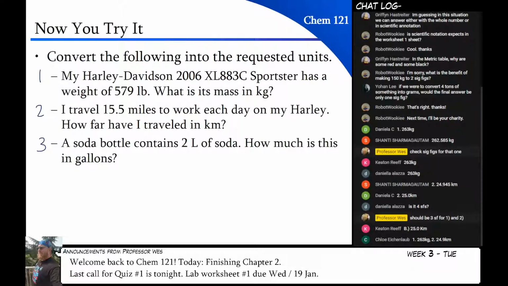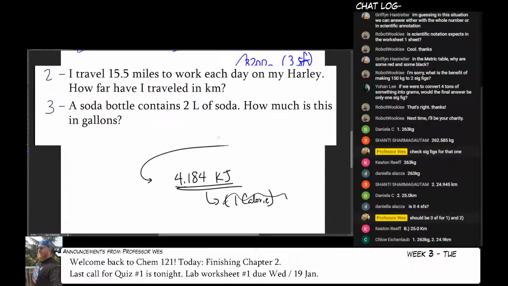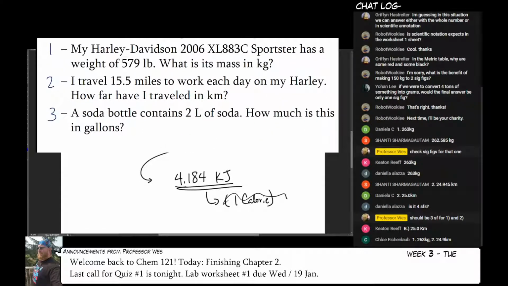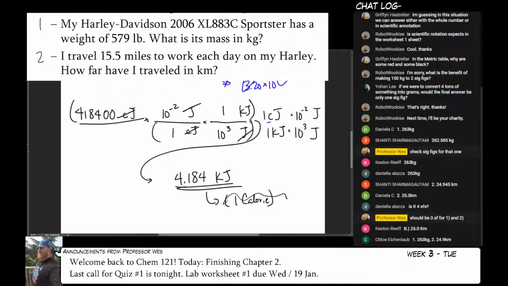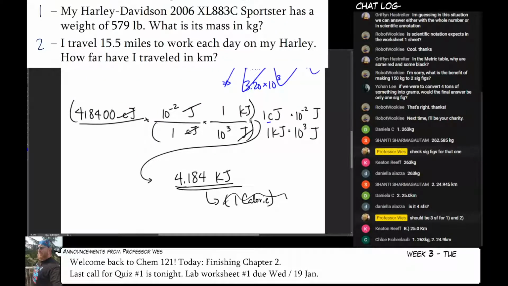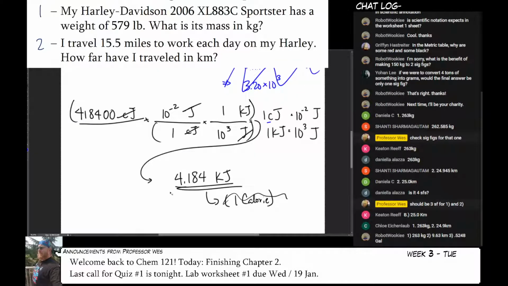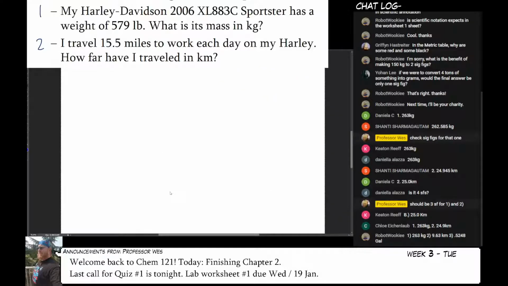All right, let me minimize this. We'll go over the answers here. So we'll get the first problem on the screen. We'll scroll back up to the top here so we have space to work.